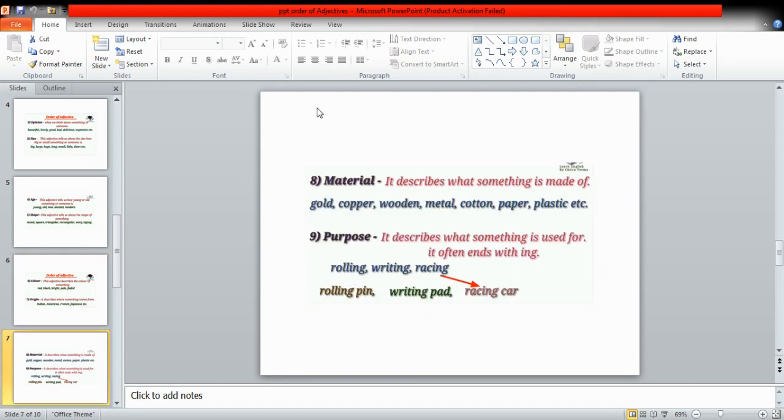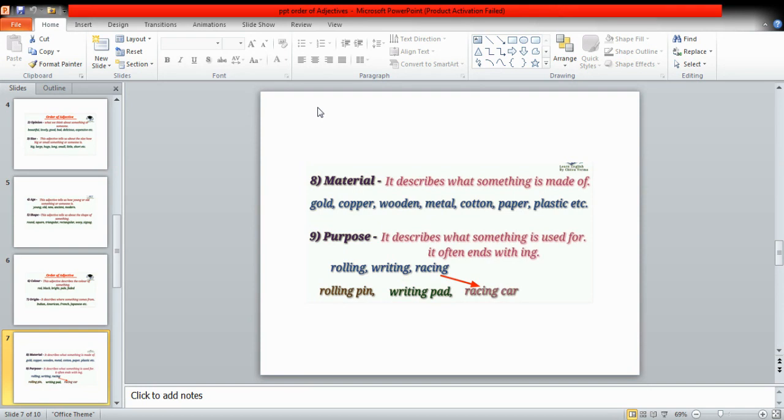Then next is material. It describes what something is made of. Words like gold, copper, wooden, metal, cotton, paper, plastic show the material of the noun. Then comes the purpose. It describes what something is used for. It often ends with ing.